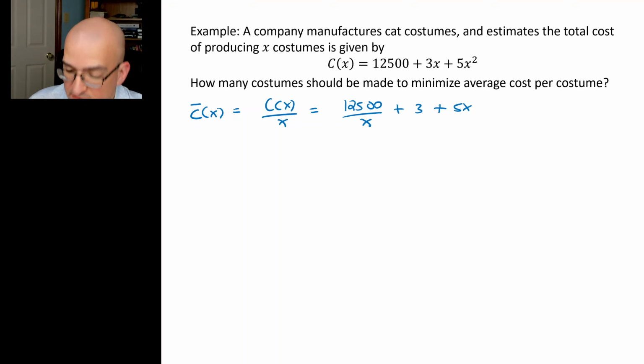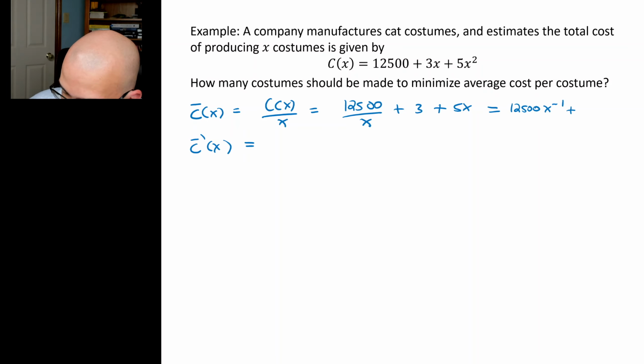We're going to take the derivative of this function, C bar prime of x, and actually let's rewrite this as 12,500 x to the power of negative 1 plus 3 plus 5x. So we don't have to use the quotient rule, we just use exponent laws to rewrite that denominator term. Take the derivative, we get negative 12,500 x to the power of negative 2 plus 0 plus 5.